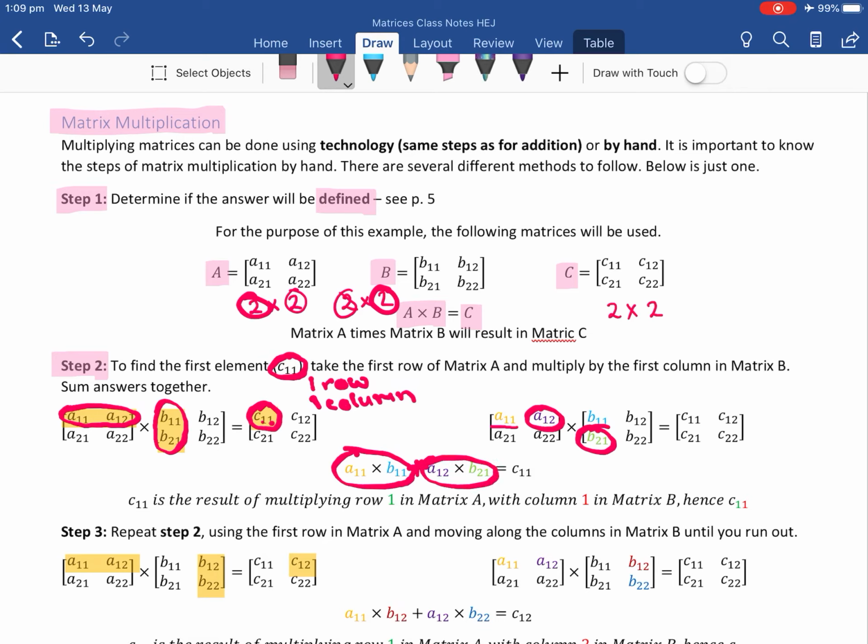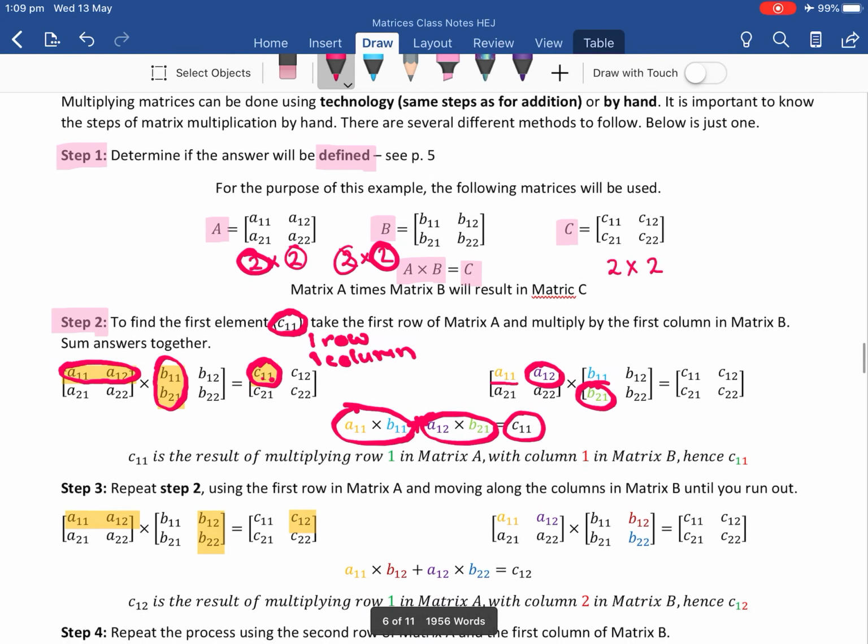So once you multiply, add, multiply, you will get the number that should go in C11. It's a bit hard to show with the recording, but you can color coordinate if that helps you. And we'll keep going.